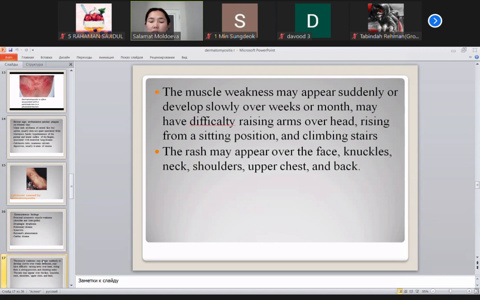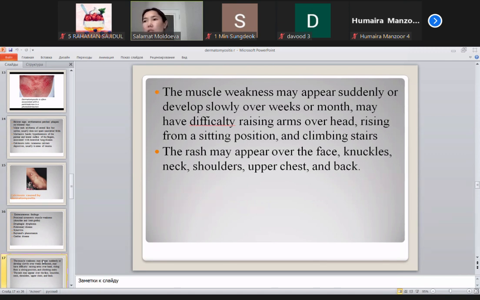It will be hard to raise arms over the head, rise from a sitting position. It will be hard to climb stairs. It will be hard to climb onto the bus. Sometimes it will be hard to walk. If the patient can't climb onto the bus, it is the bus symptom.